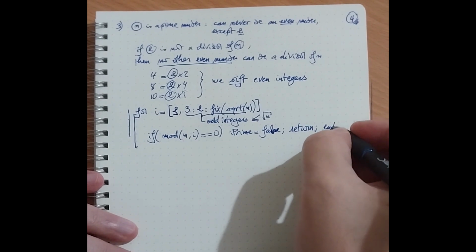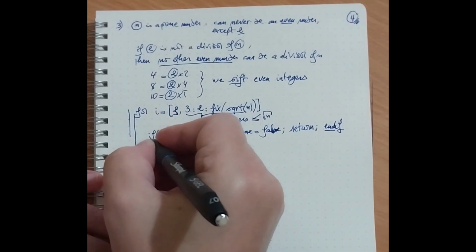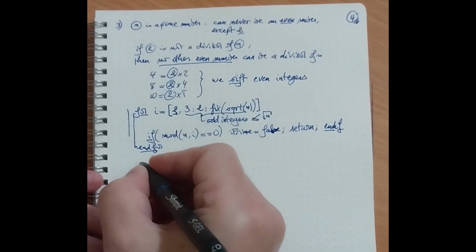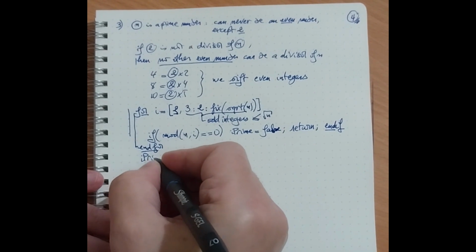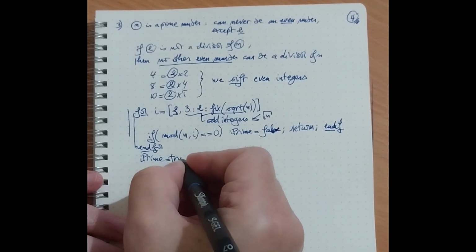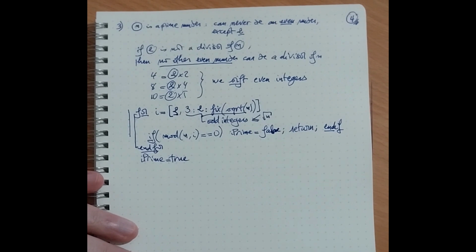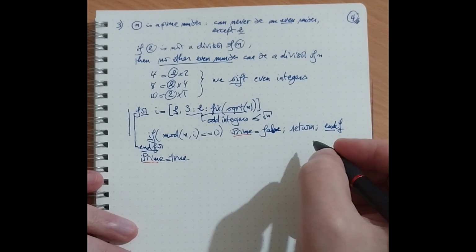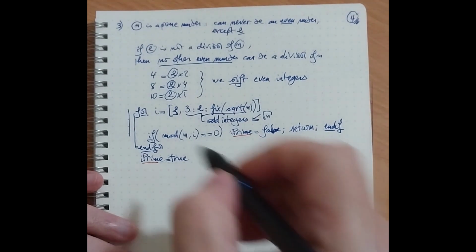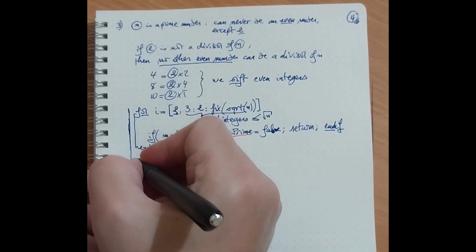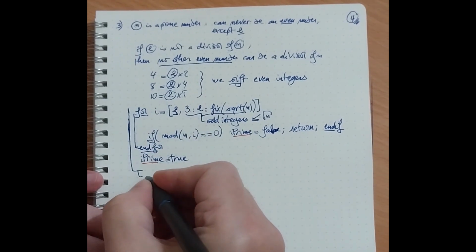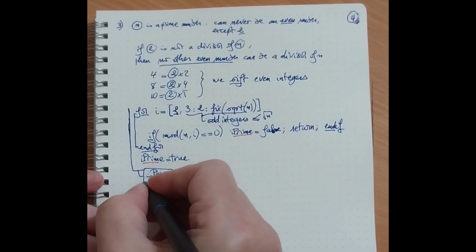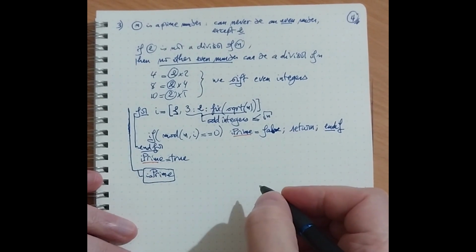And after the loop, isPrime equal true. And this is our final version of testing. Let us call it isPrime. We will store it as a function isPrime.